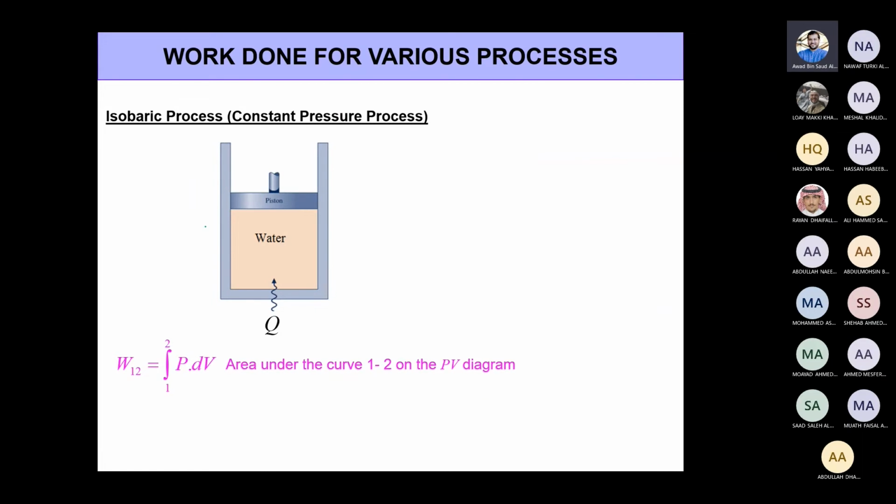Okay, so then we looked at very specific processes, starting with the constant pressure process. You're just looking at integral PdV. Normally, when we talk about integral PdV, both pressure and volume are variable, in the sense that as volume changes, the pressure also changes.